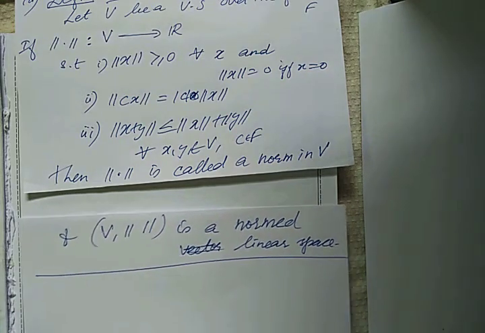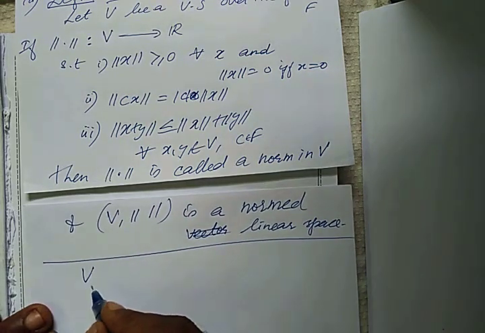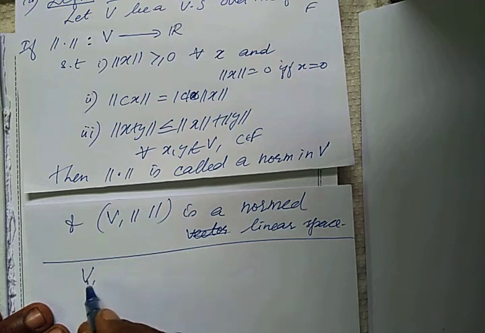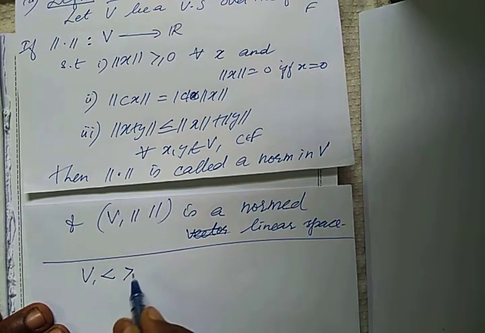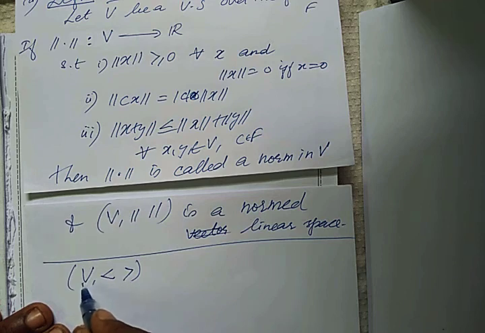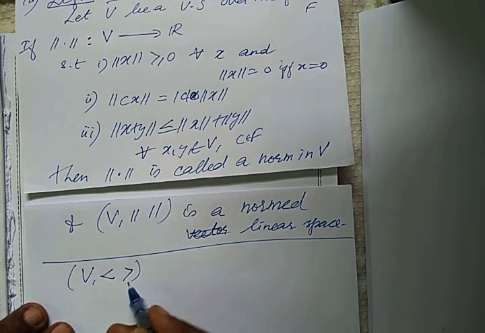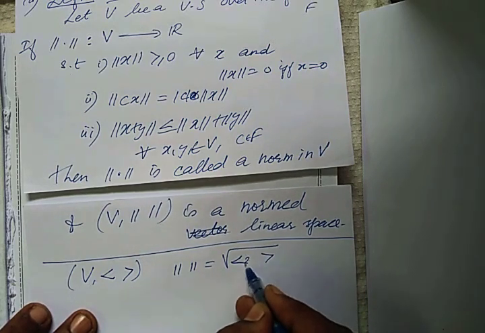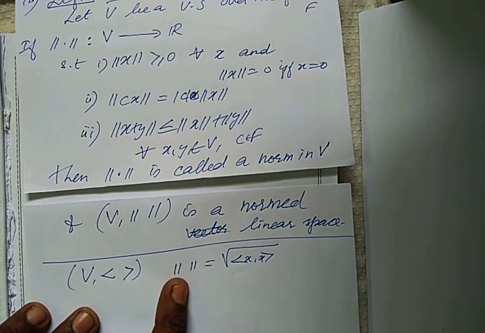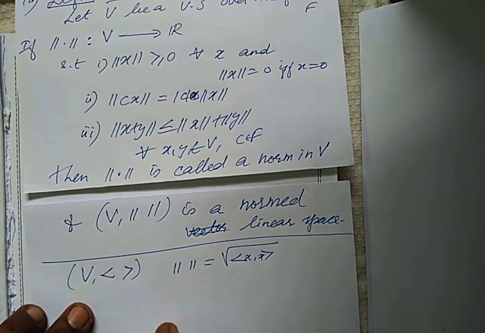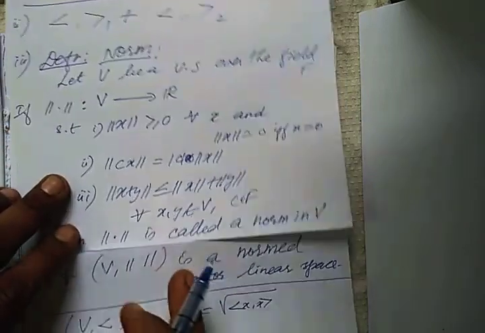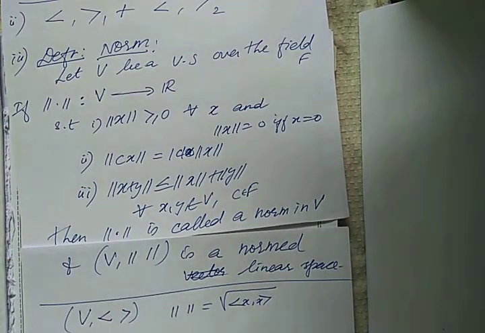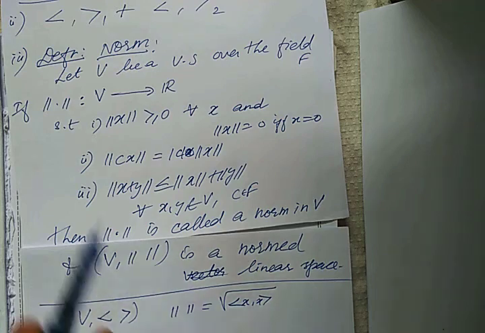See here, suppose V is a vector space, and suppose there is some function like this one that makes this an inner product space. From this we may deduce the norm. What is the norm? Square root of inner product of x comma x. We may deduce the norm, but here without any inner product we may directly arrive at some norm. But the unfortunate thing is, for some norms there is no corresponding inner product.